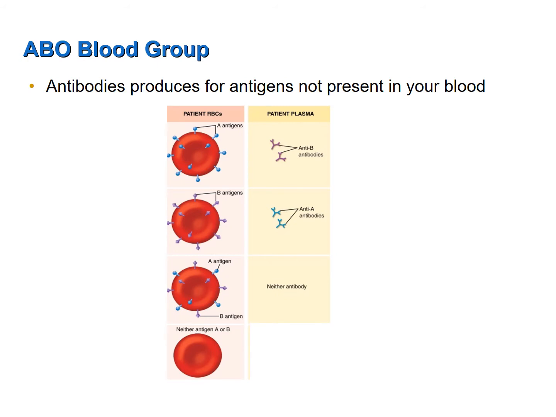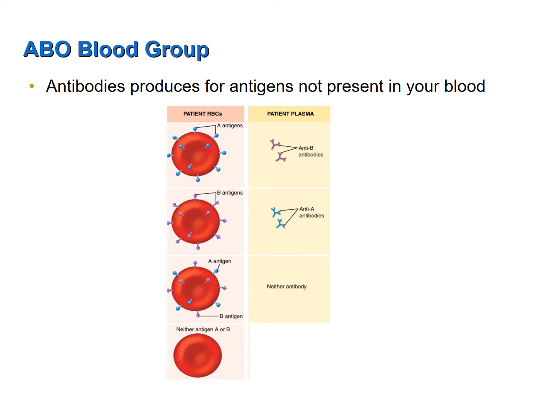If you are AB, because you have both the A and the B antigens, your immune system will neither produce anti-A nor anti-B antibodies. If it produced either, you would have an autoimmune disease and your immune system would destroy your own red blood cells.